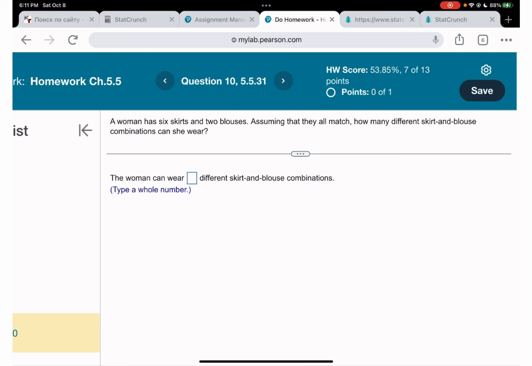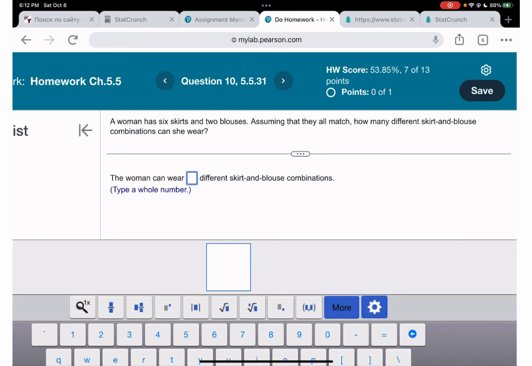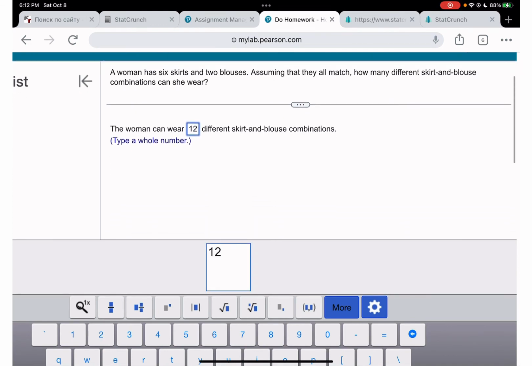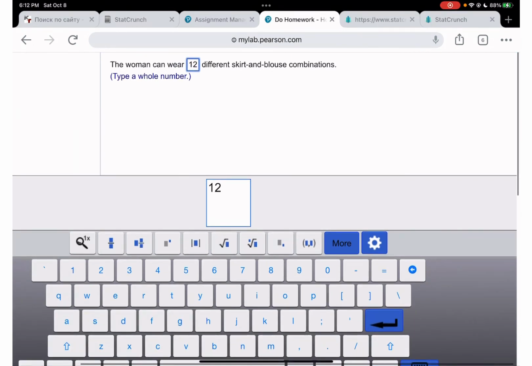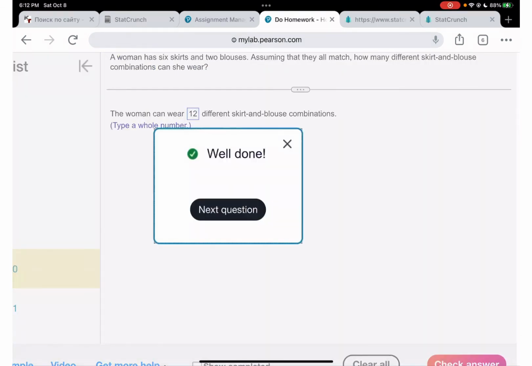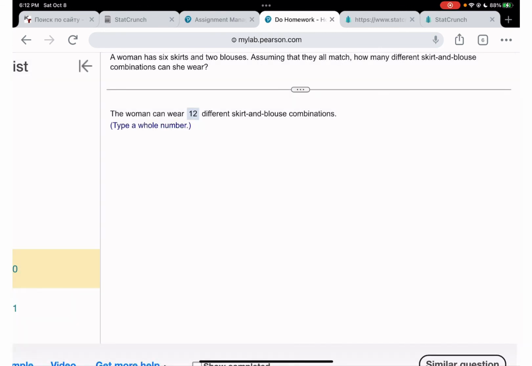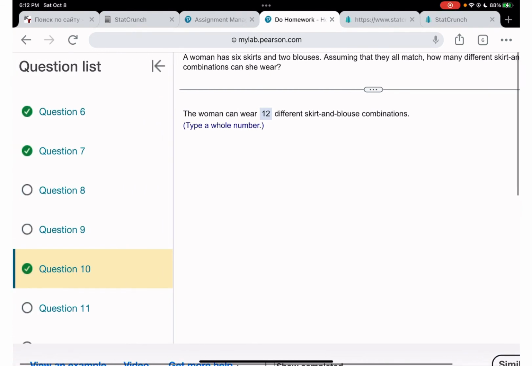We just multiply by each other and get all combinations. 6 times 2 is going to be 12. Because it doesn't say selecting. It says they all match. How many different skirt and blouse combinations? That's a keyword, match. If there wouldn't be match, then we should pick. It would say something else. So we would figure it out.